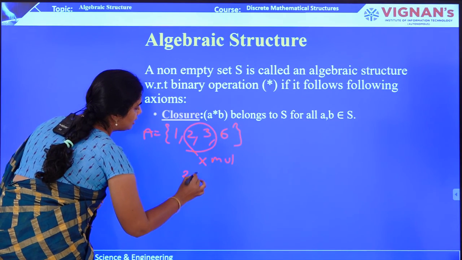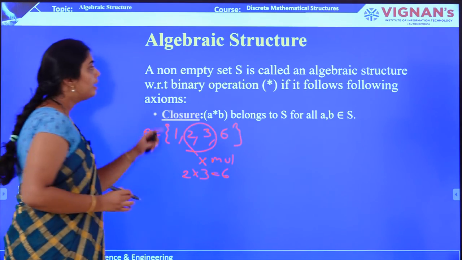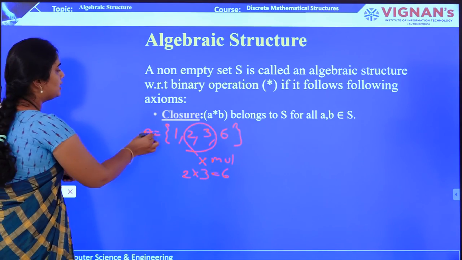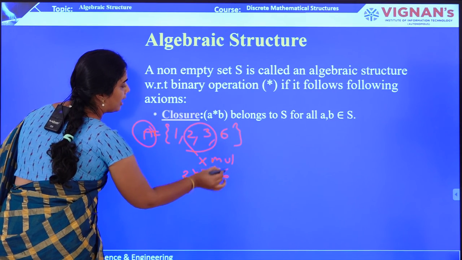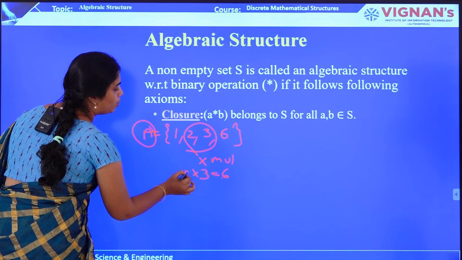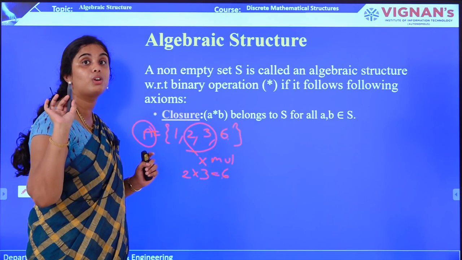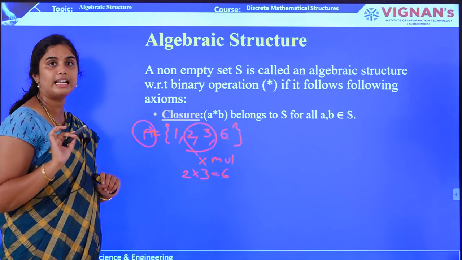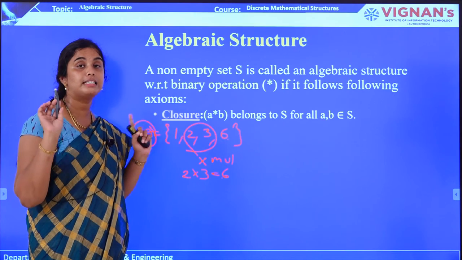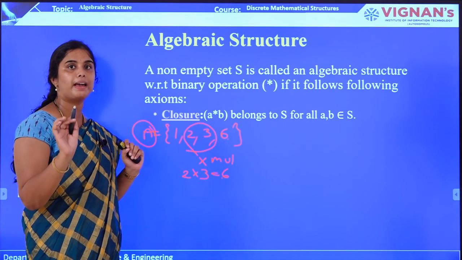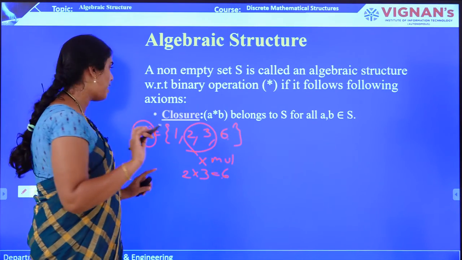If you multiply 2 into 3, then what is the result you are getting? 6. As 6, the result obtained by 2 into 3, is contained in the set, it is obeying the closure property. So, if a set of elements obeys the closure property, then it is said to be an algebraic structure.